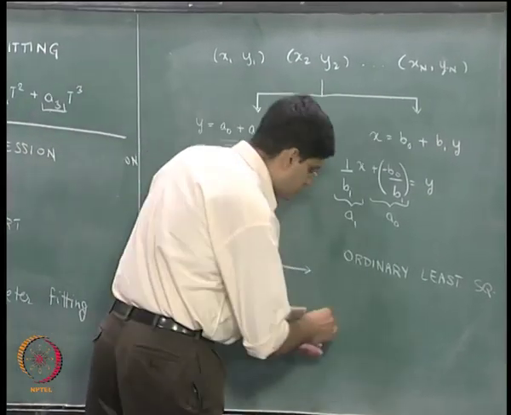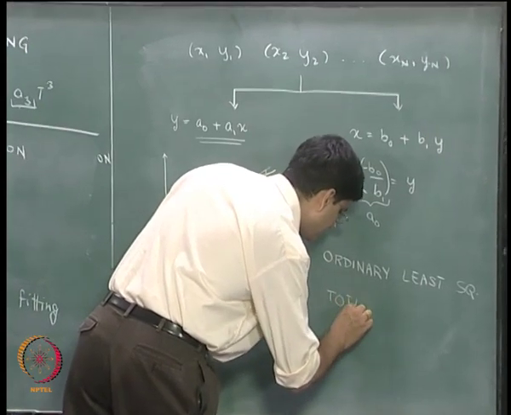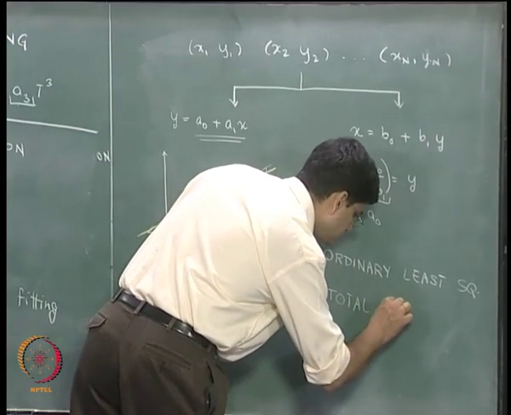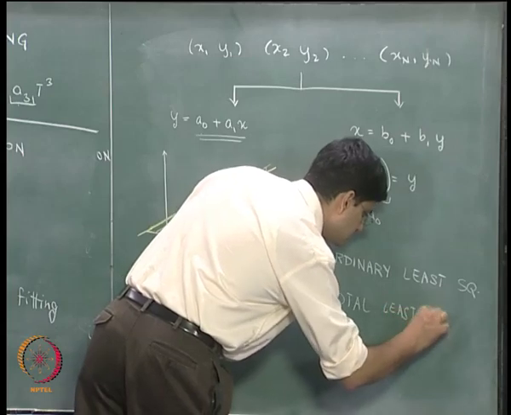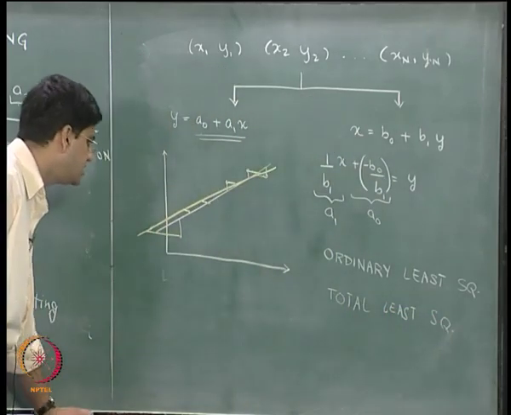An alternative to this is what is known as total least squares or error in variable methods and so on and so forth.